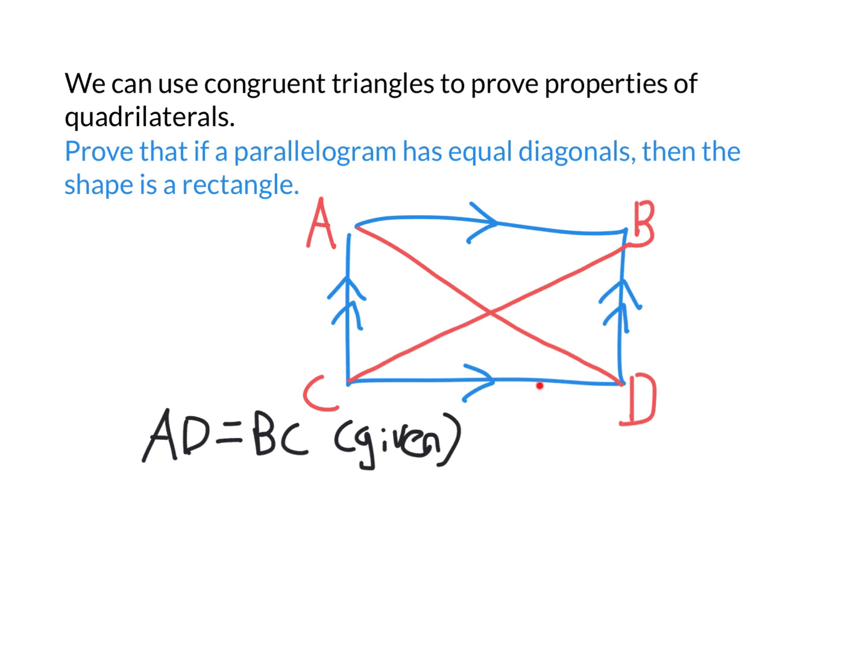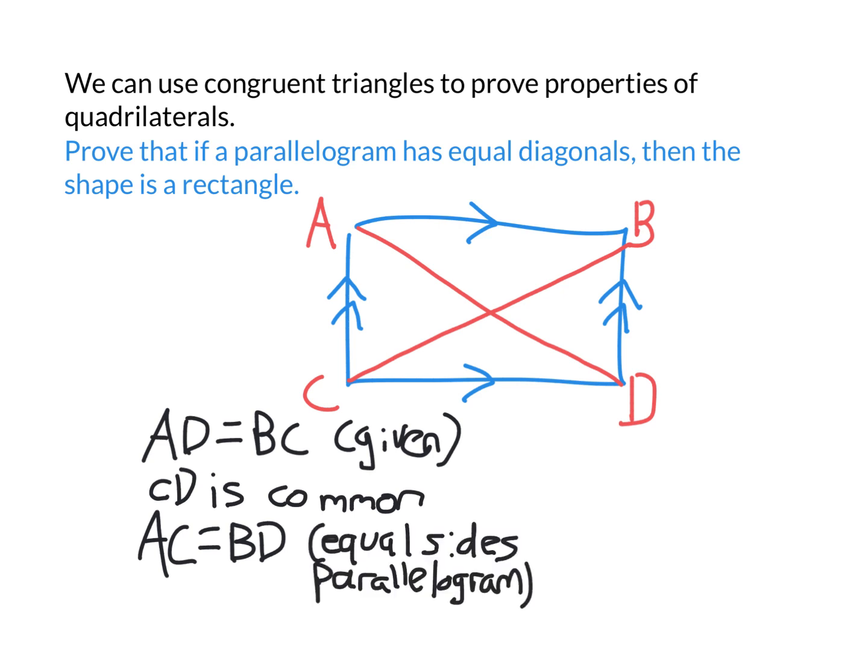So CD is in both triangles, so it must be equal in both triangles. So also note that this side and this side must be equal. AC equals BD. What is the reason for that? We know that opposite sides in a parallelogram must be equal.